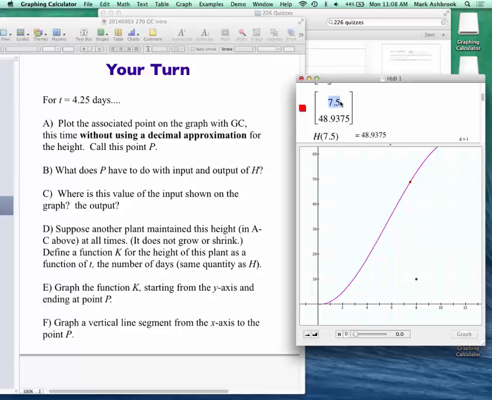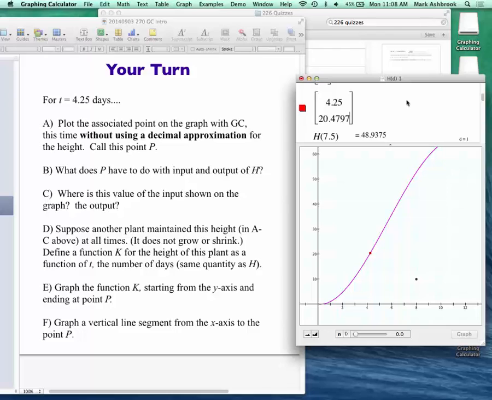So I had 4.25 is what I had. 20.4797. Here's another example.